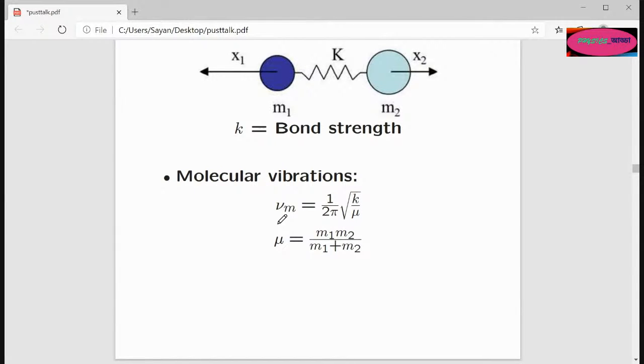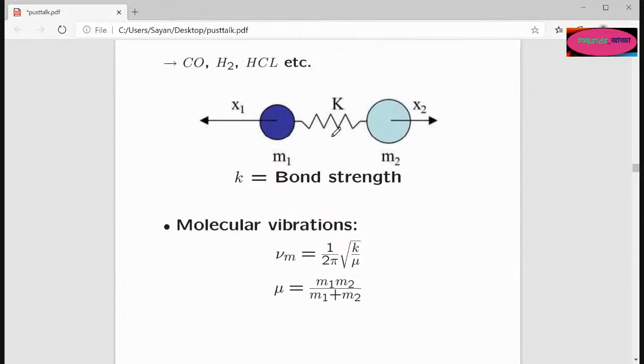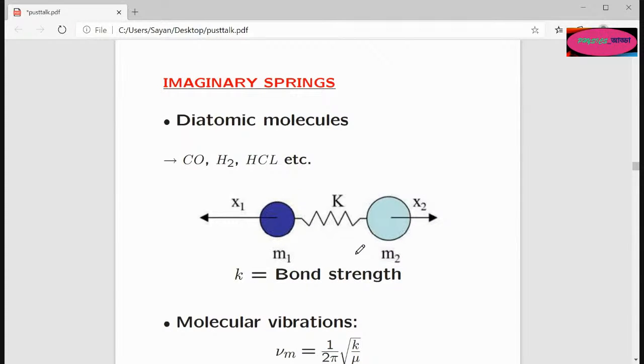So what you do is that you have to do various kinds of experiments such that you can figure out the molecular vibration frequencies. And those are related to that bond strength, which is also a spring constant, but not of a real spring, but of some kind of an imaginary spring.